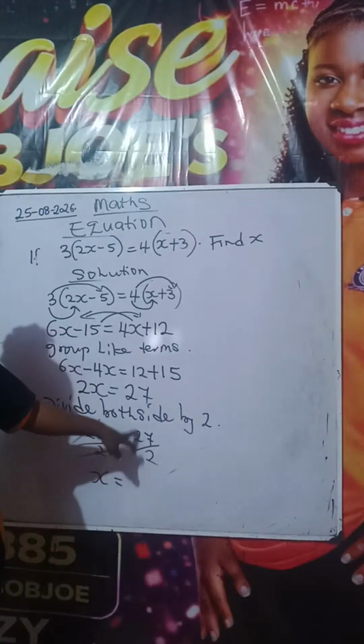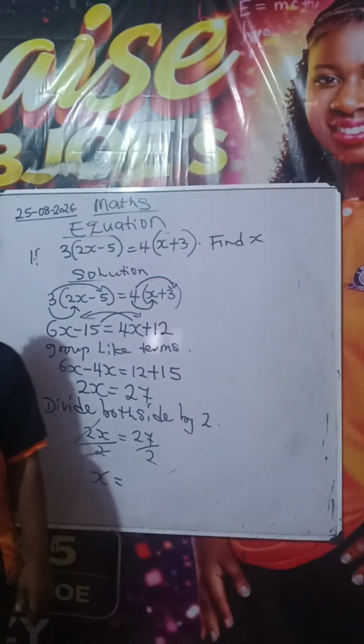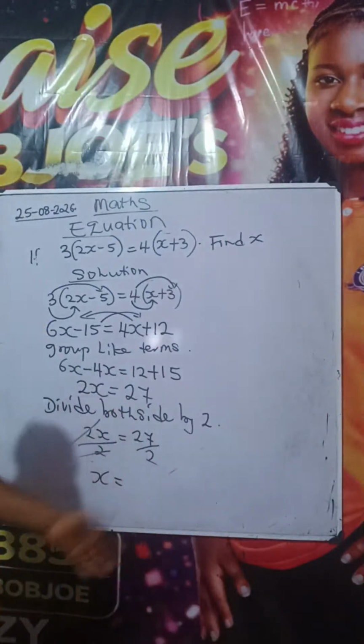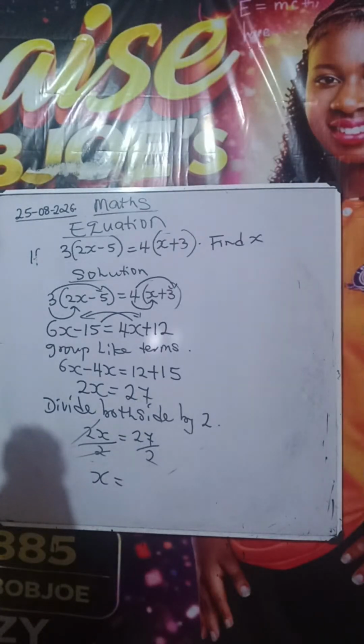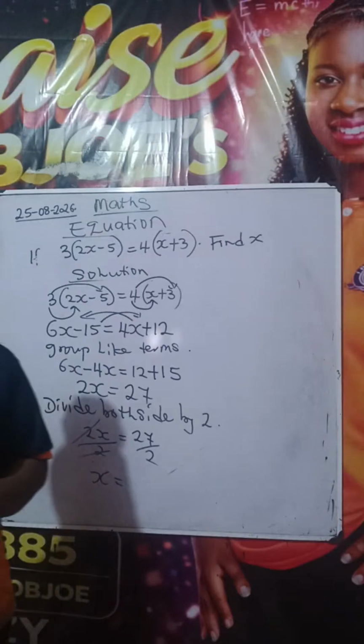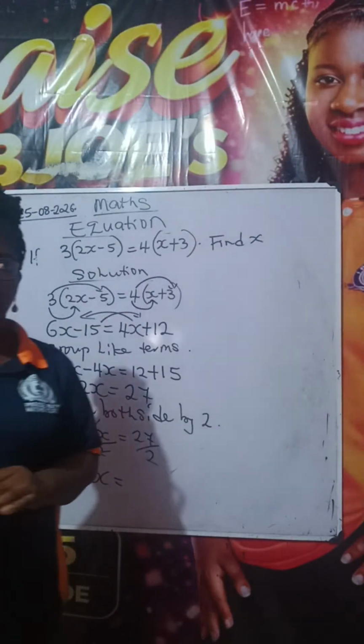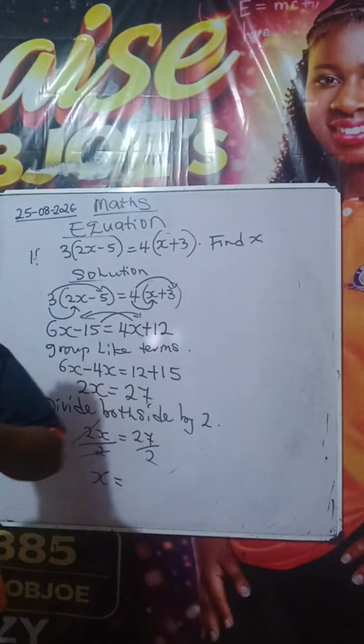So how many 2 do we have in 27? How many times? I want to hear from more people. How many groups of 2 can you see inside 27?